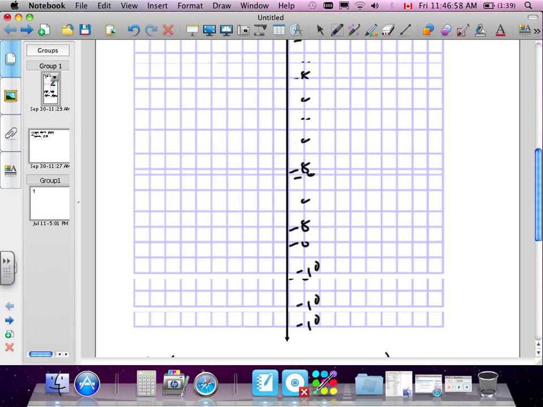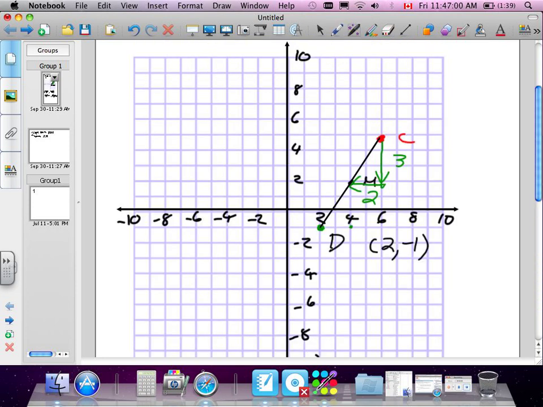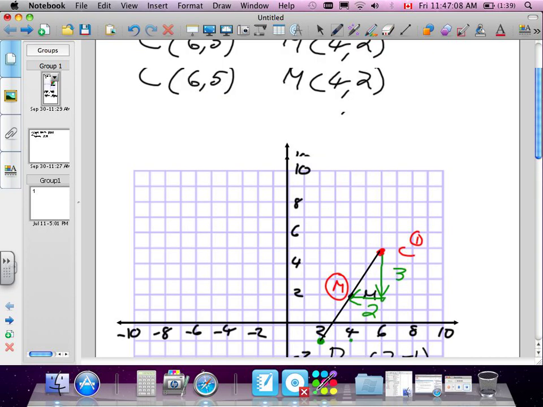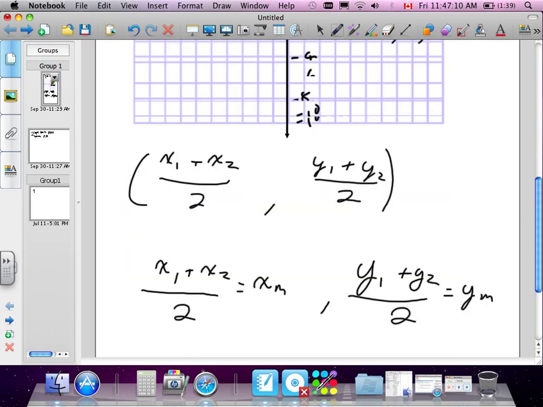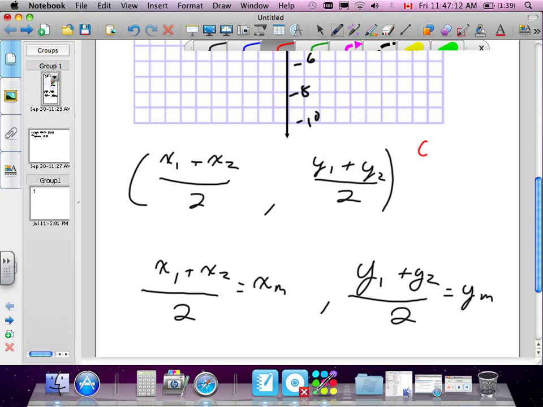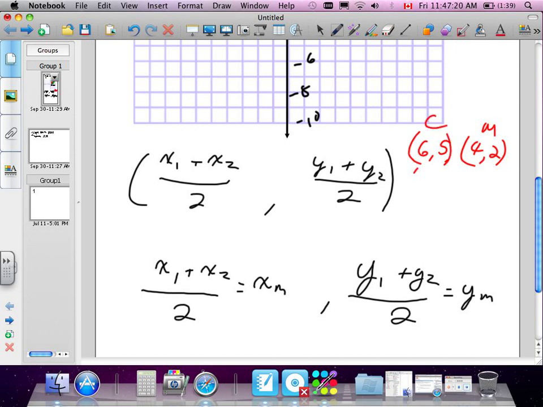So we're going to call point C our first coordinate, and point M is our midpoint. Okay? So we'll write them down again, 6, 5, and 4, 2. That was our midpoint. This was our first point. So this is our x1, y1, and this is xm, ym.